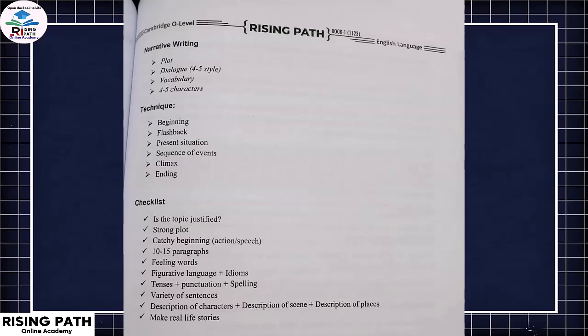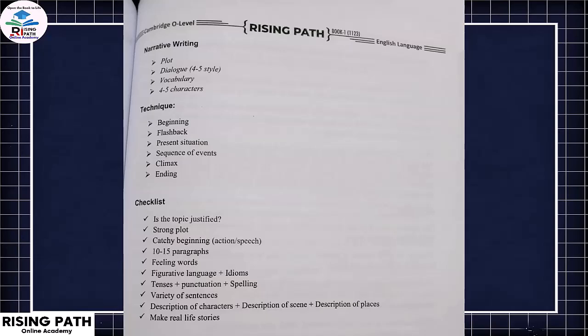So now, last but not the least, it's the checklist. You have to see that your examiner is going to mark your story keeping in mind all these things. Is the topic justified? Is there a strong plot, catchy beginning, 10 to 15 paragraphs, feeling words, figurative language plus idioms, tenses plus punctuation plus spelling, variety of sentences, description of characters plus description of scene plus description of places, and of course we have also discussed the sounds you are going to add.